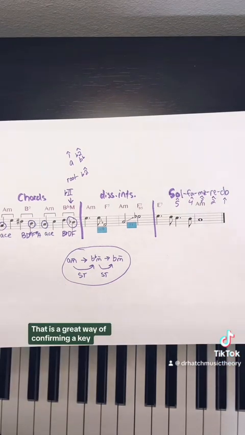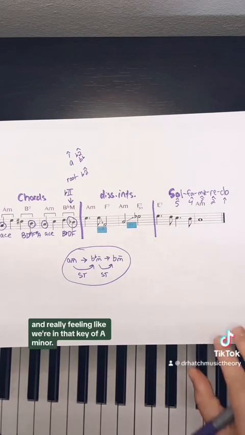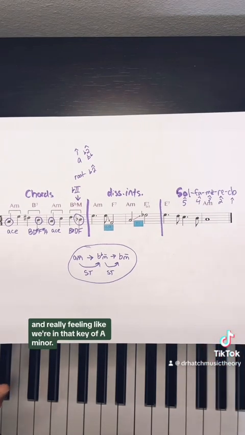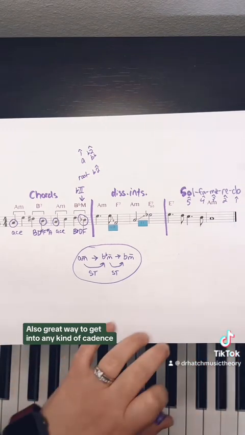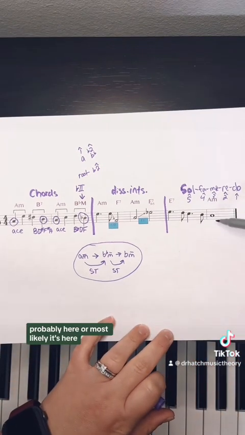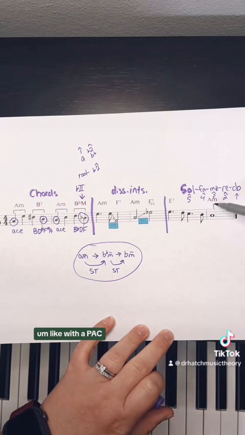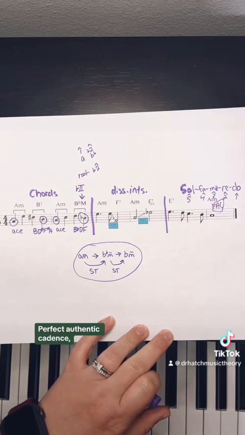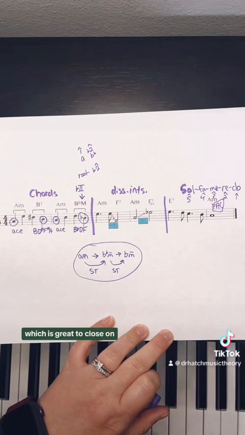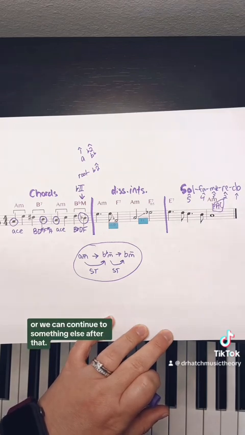That is a great way of confirming a key and really feeling like we're in that key of A minor. Also a great way to get into any kind of cadence, most likely here, like with a PAC, a perfect authentic cadence, depending on what you have in your harmonies, which is great to close on, or we can continue to something else after that.